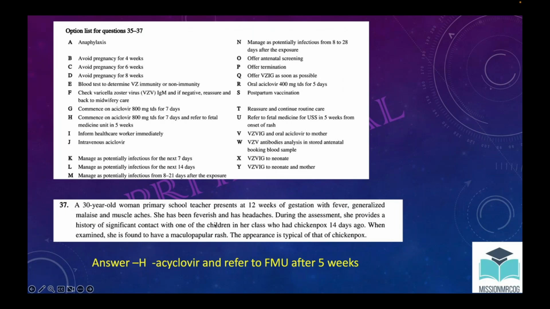This question just gives us the description of general features of chickenpox. Is it clear why the answer is not IV immunoglobulin? In these questions, most people make the mistake of when to admit and when not to admit. You should have a very clear idea.